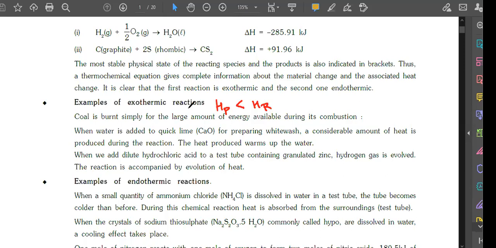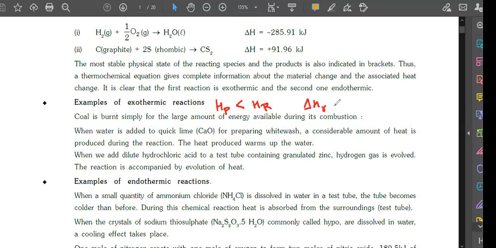So I can say that since energy is released, just think about this. Since energy is released, the energy of reactant should be more than that of the product. Yes or no? Now, if the energy of reactant is more than that of the product, what do you think will be the sign of delta H of reaction? Tell me.